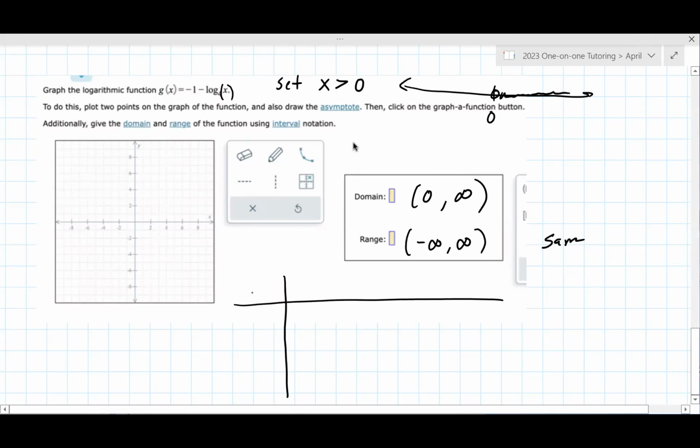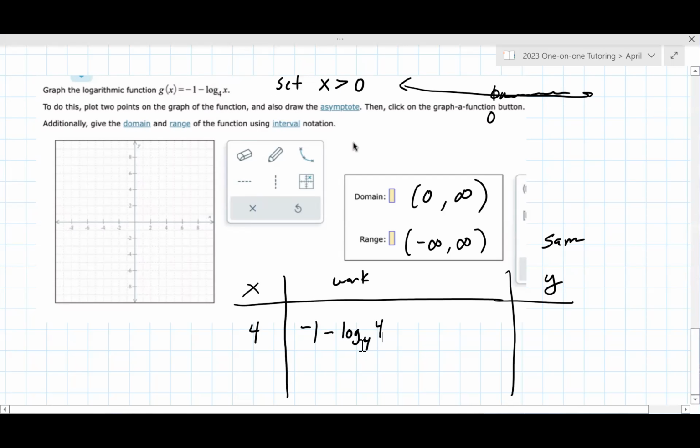To do the xy for the log, the first x value that you always choose is the one that matches the base. So this becomes -1 minus log base 4 of 4.